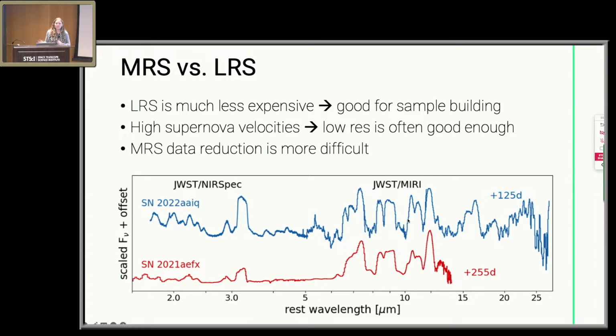It goes to longer wavelengths and you see some more narrow features, but for something like a supernova that's mostly broad, really the red is capturing most of what you see in the blue. And additionally, the MRS data reduction is a lot more difficult, whereas with the LRS, especially once the wavelength calibration is perfected, it's pretty much good to go out of the box.